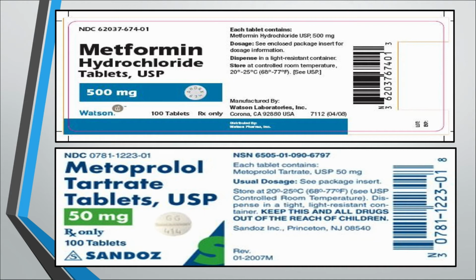The lowermost is metoprolol tartrate, which is a beta-adrenergic blocker with selective activity on beta-1 adrenoceptors located mainly in cardiac muscles. At higher dose, it may inhibit beta-2 adrenoceptors of bronchial and vascular smooth muscles.